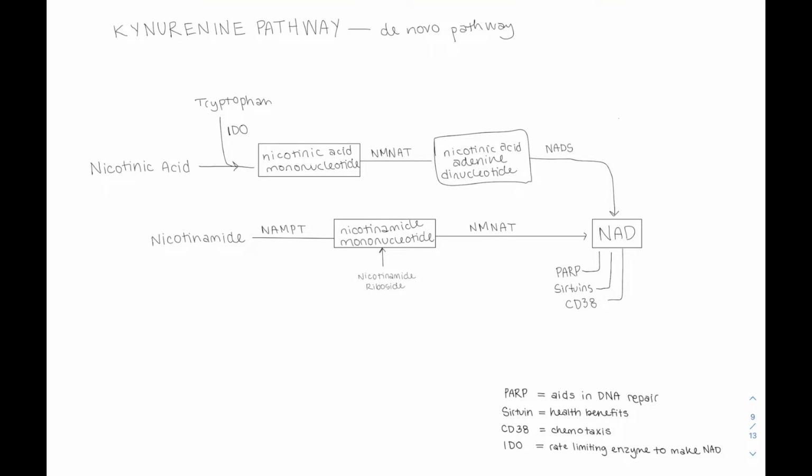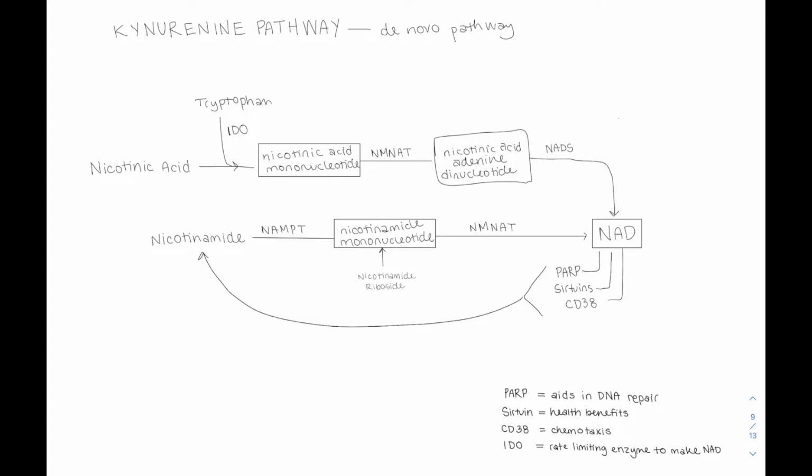Each of these is able to produce nicotinamide. So when they produce the nicotinamide, it's able to go through this pathway all over again. That's why it's called the salvage pathway. NAD breaks off the nicotinamide. When it goes through each of these, nicotinamide is able to be reused, almost like a recycling.